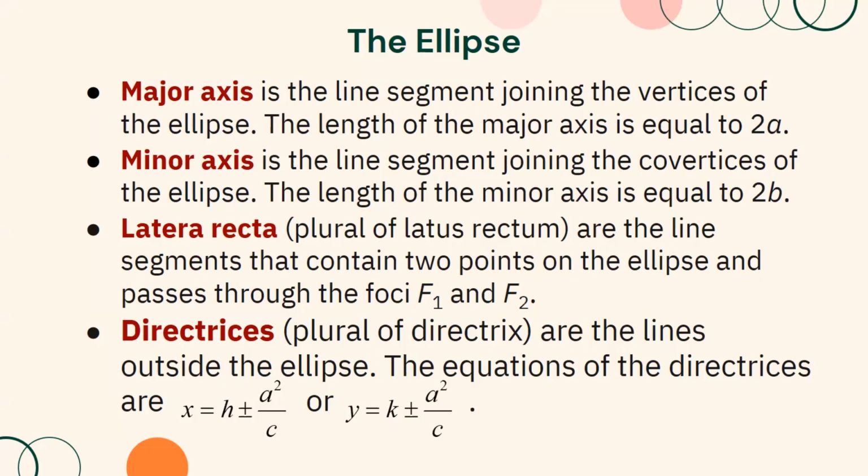Latera recta, or the plural for latus rectum, are the line segments that contain 2 points on the ellipse and pass through the foci F1 and F2. And finally, directrices are the lines outside the ellipse. The equations of the directrices are x = h ± a²/c, or y = k ± a²/c.